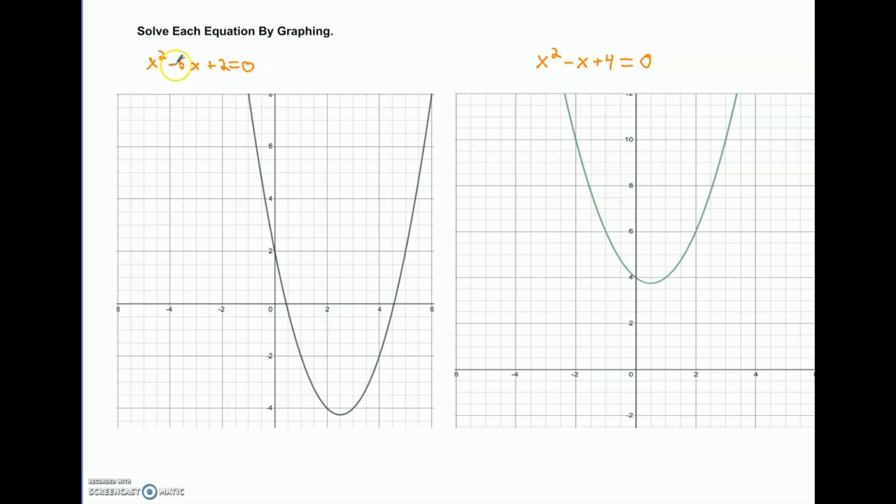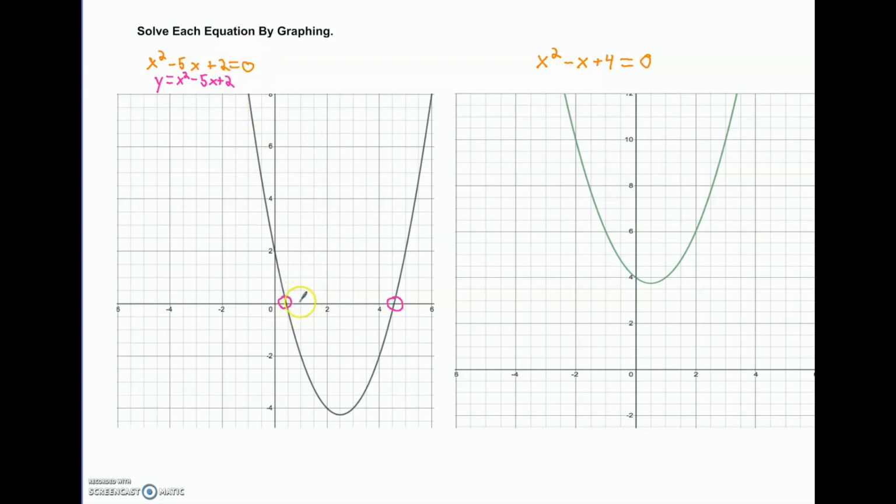Okay, so x squared minus 5x plus 2 equals 0. Here's the graph of y equals x squared minus 5x plus 2. We want to know where it is 0. Well, it crosses the x-axis here and here. And this is the shortcoming of solving by graphing.